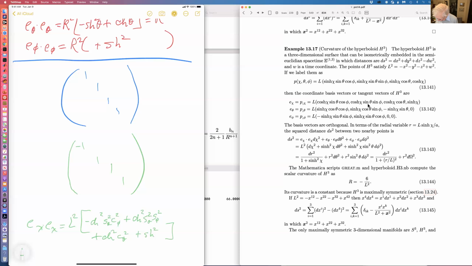And let's see, I just wonder, do I have the metric wrong? I should have written down what the metric was exactly, because I want this to be, this actually is supposed to be just 1. So E chi dot E chi is supposed to be just L squared.